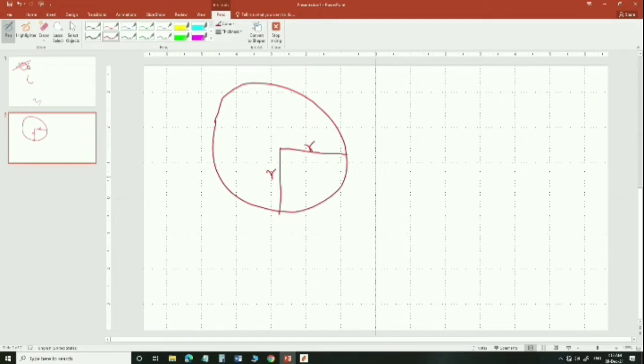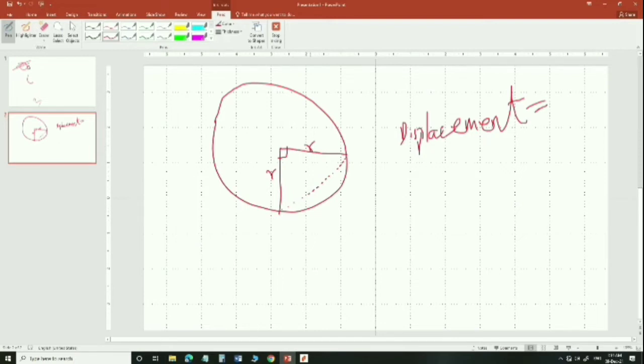And displacement. What is the displacement? This one is the displacement. What is the length of this displacement? We know this angle is 90 degrees.